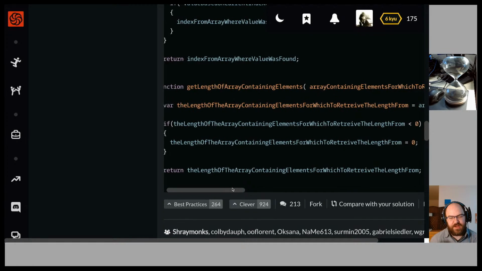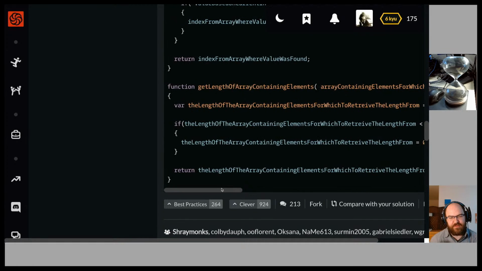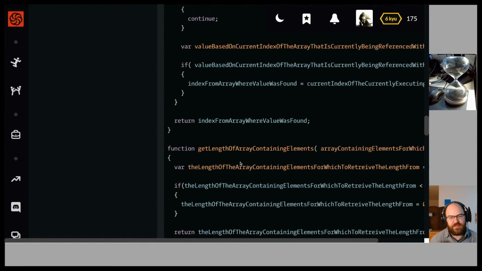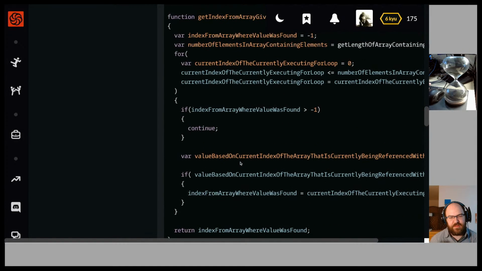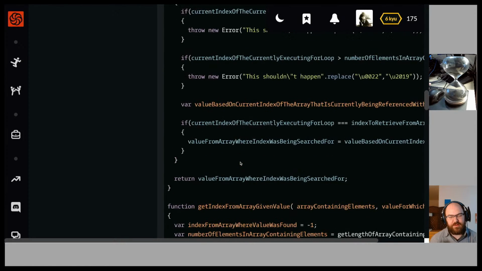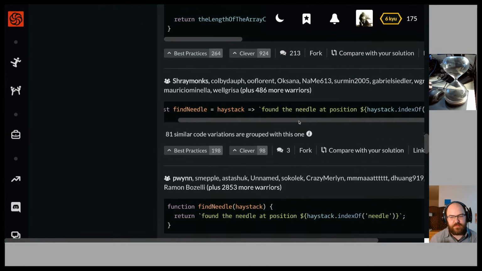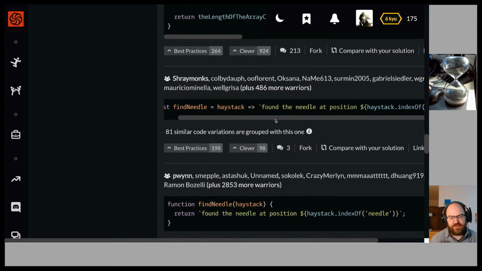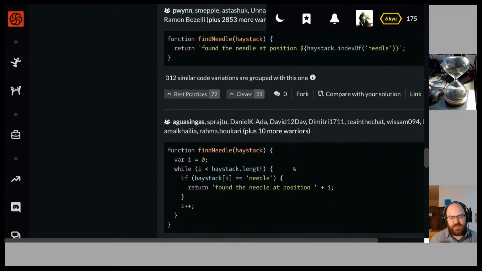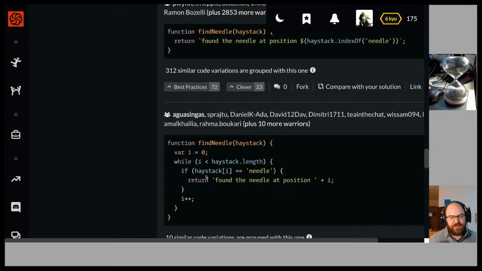The length of the array containing elements for which to retrieve the length from. Ugh. It's making my head hurt. We'll just move on past this one. haystack.indexOf, sure. These are all haystack.indexOf until we get down to this one.